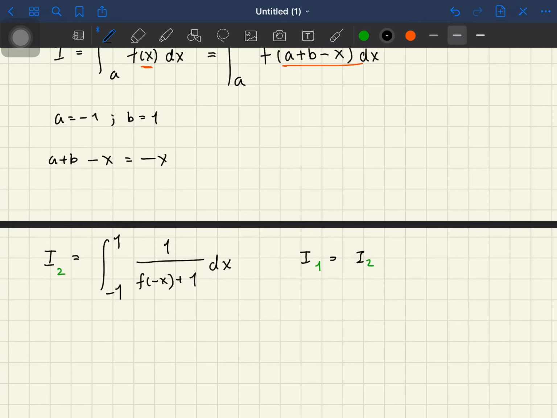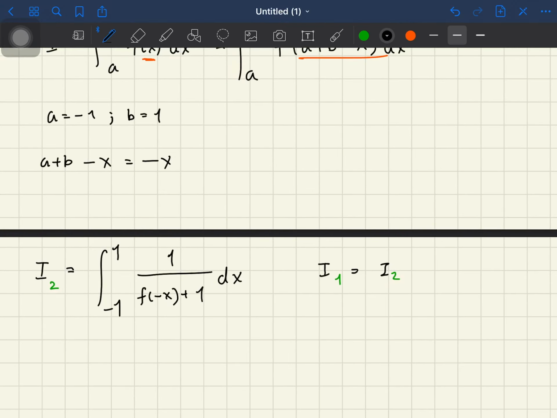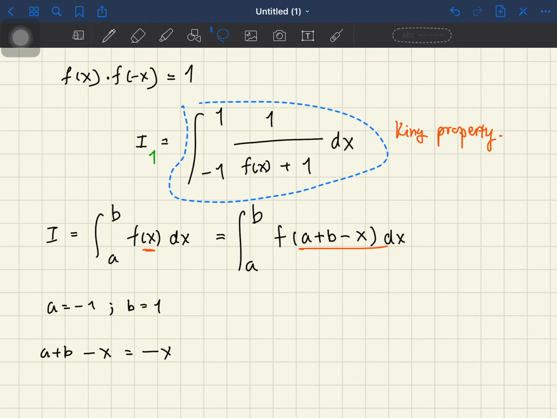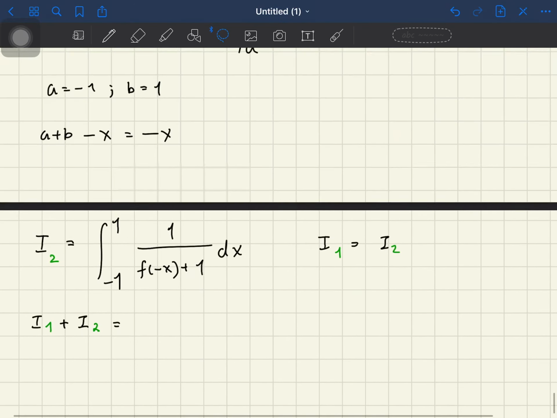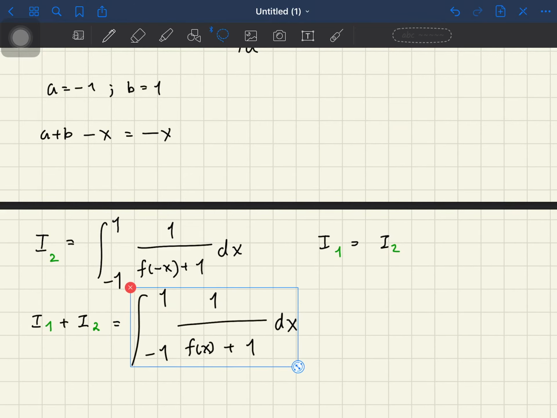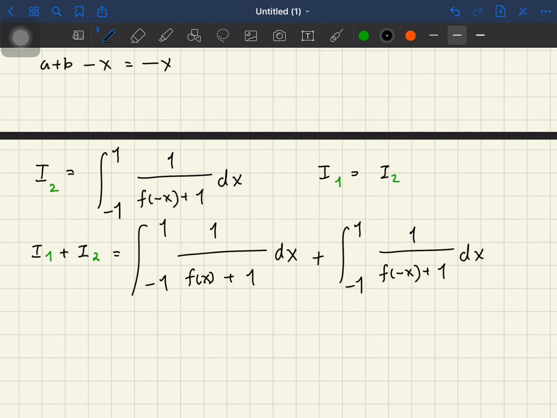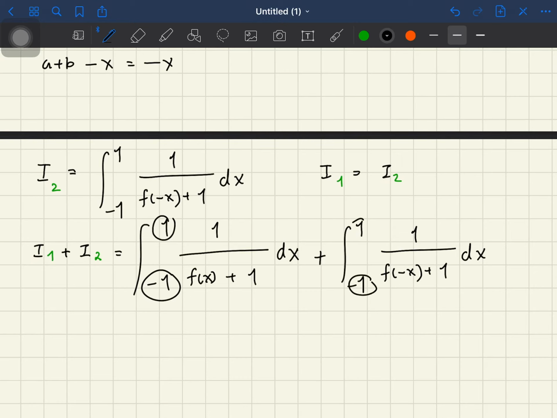We're going to try to use this property by manipulating, adding them up. So I1 plus I2, you will get this integral added up with this integral. Since we have the same boundaries, which are -1 and 1, we can just add the fractions together and make it into one integral.